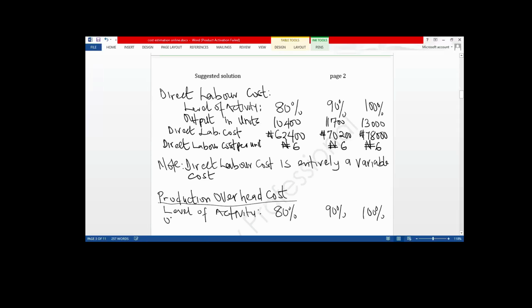Then output in units: 10,400 units, 11,700 units, and 13,000 units.